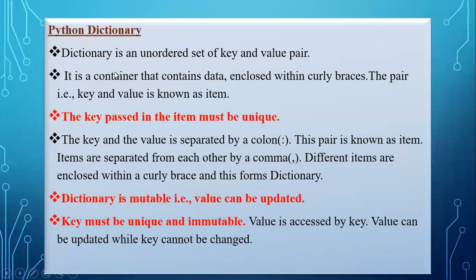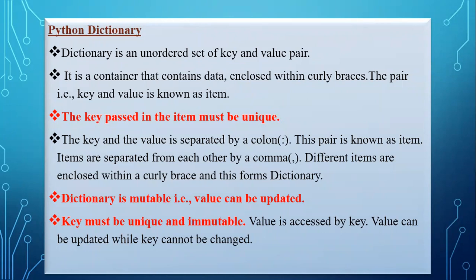So unordered set means you are entering in one particular order, but it can show the output in a different order. That is what unordered we are telling. And it is a container that contains data which is enclosed within curly braces. In a list, we learned it is in square brackets.